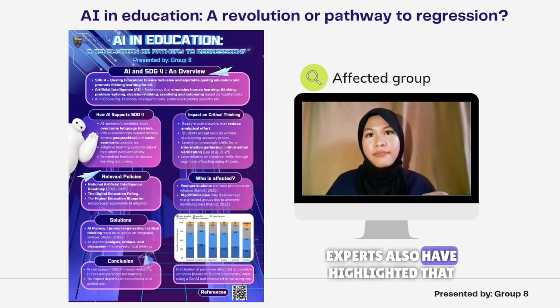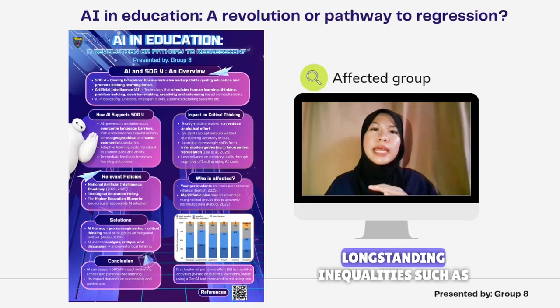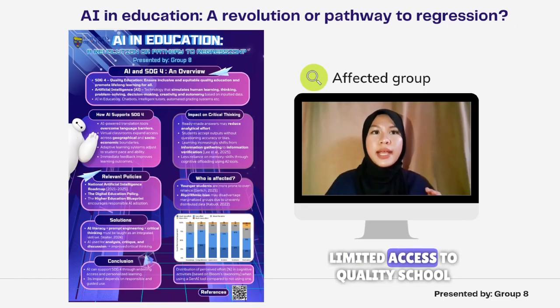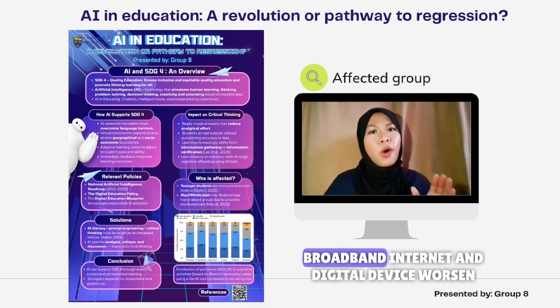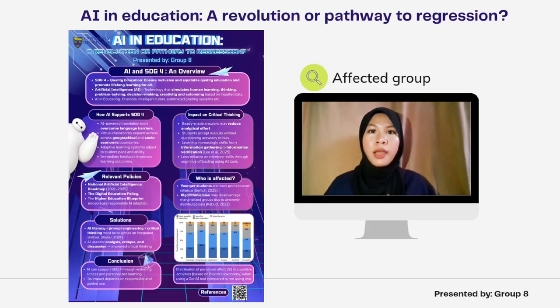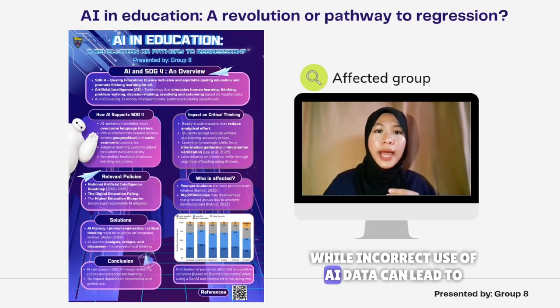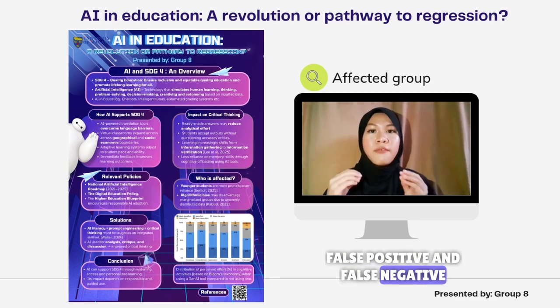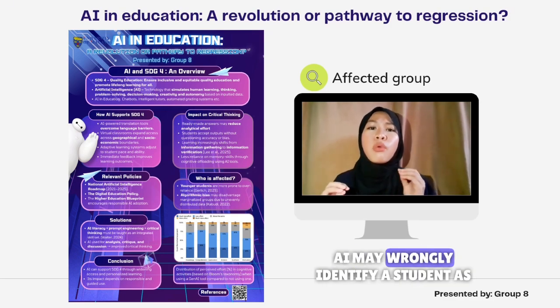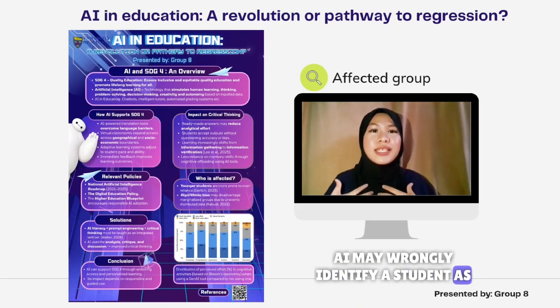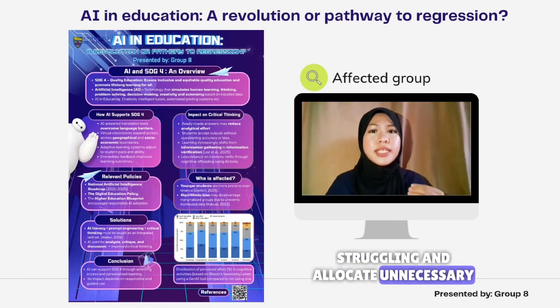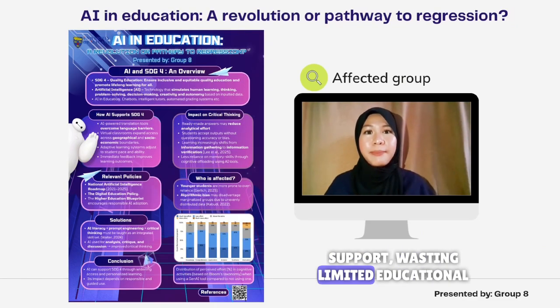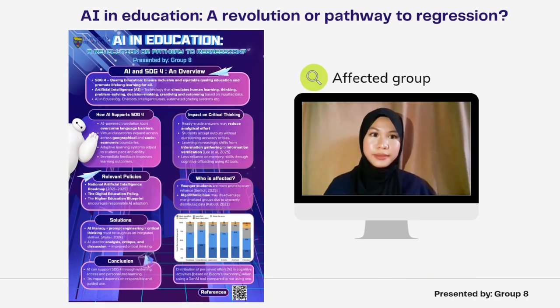Experts have also highlighted that long-standing inequalities such as limited access to quality schools, broadband internet, and digital devices worsen this problem. Well, incorrect use of AI data can lead to false positives and false negatives. For example, AI may wrongly identify a student as struggling and allocate unnecessary support, wasting limited educational resources.